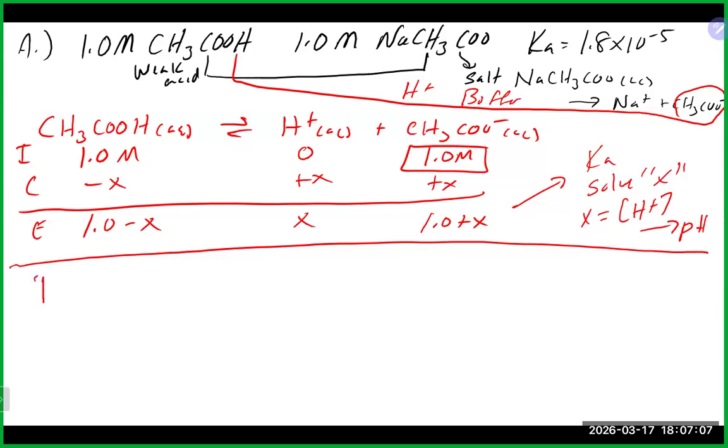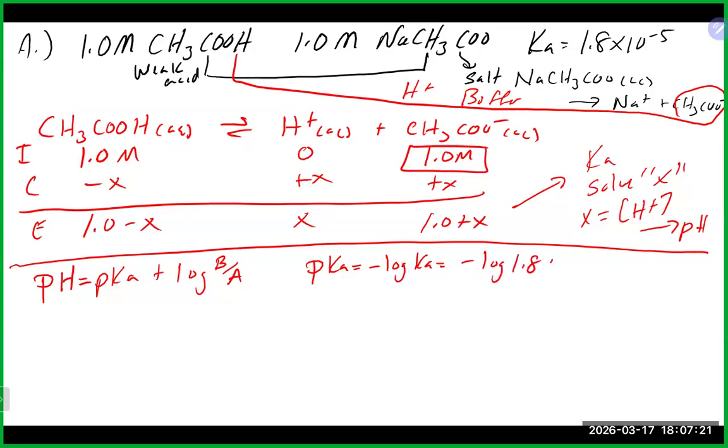So you could go right into the Henderson-Hasselbalch equation here, pKa plus the log of the base over the acid, calculating our pKa, which is minus the log of the Ka value, minus log of 1.8 times 10 to the minus 5, going to give you a 4.74.